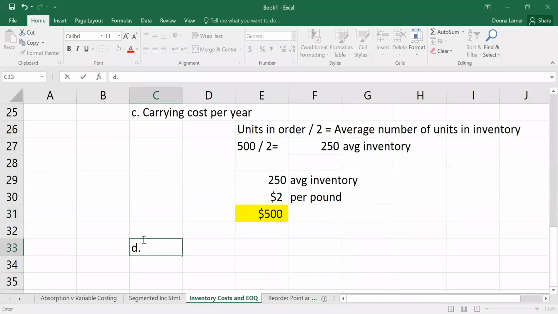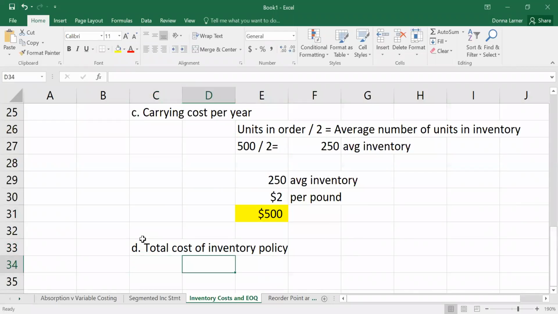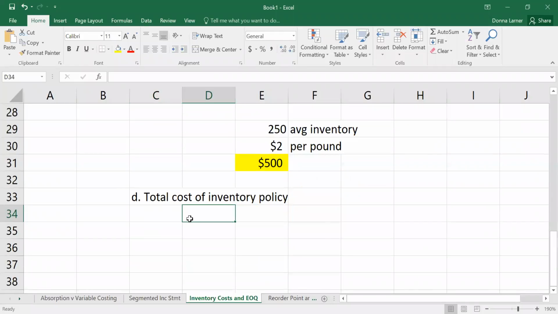And the last question is, in our exercise, what is the total cost of the inventory? This is not the cost we pay to actually buy the items. That's going to be really strange.